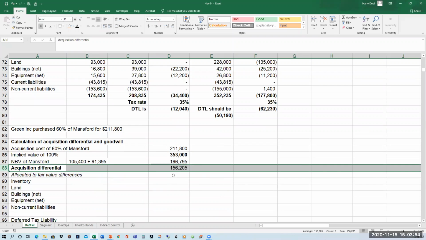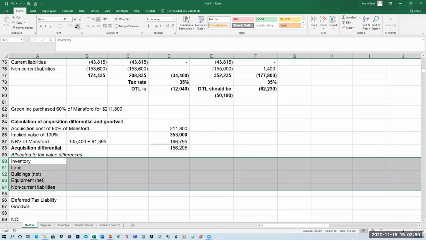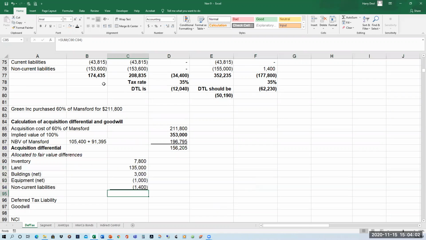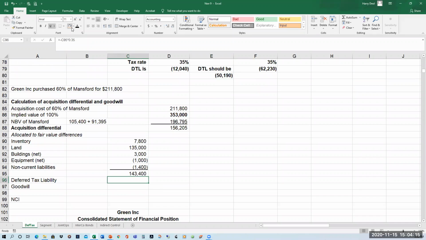We allocate this acquisition differential to the fair value differences. We've already identified the fair value differences earlier. The total of these fair value differences is 143,400. But we also figured out that we need an extra deferred tax liability of $50,190. That additional deferred tax liability of $50,190 means that the net of the fair value differences, net after taxes for the fair value differences, works out to $93,210.